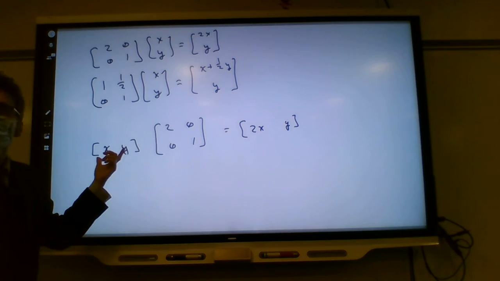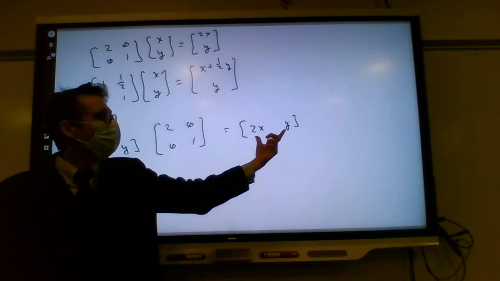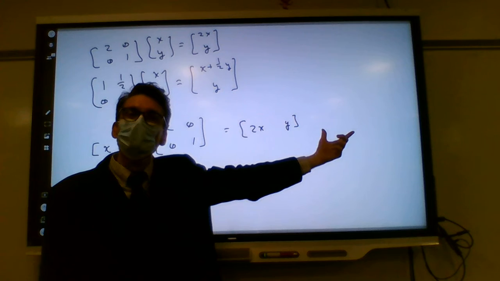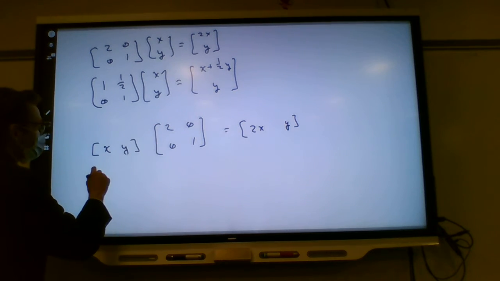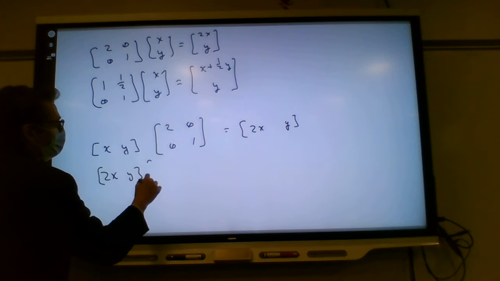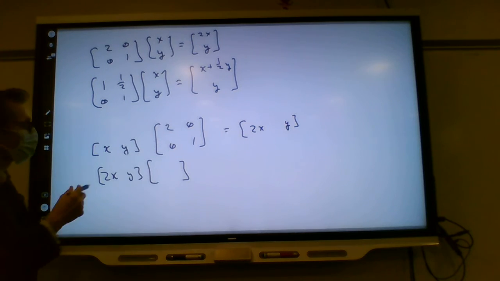What happens if I transform this vector into this one and then want to transform that into something else? I would take that answer and multiply something else over here. Well, what would that mean?